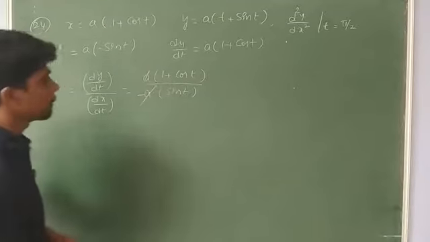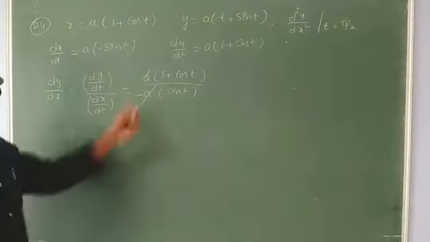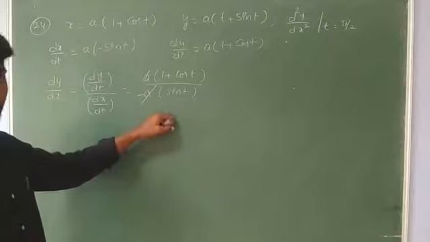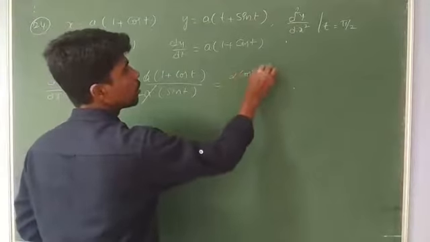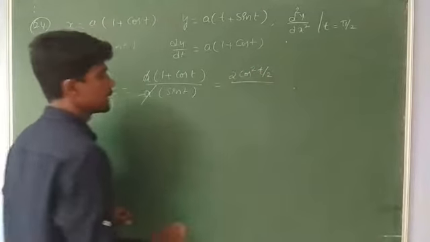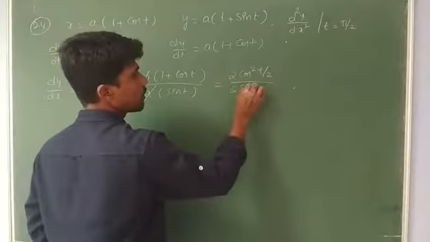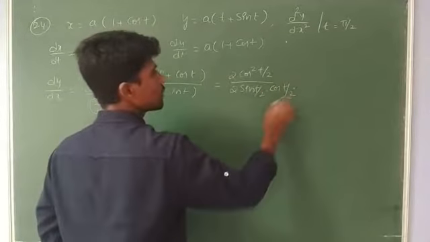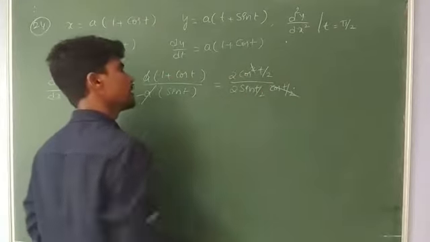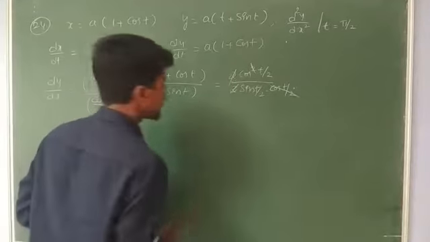a gets cancelled. So there is a possibility of simplifying this with the help of submultiple angles. 1 plus cos t can be written as 2 cos square t by 2. Sin t can be written as 2 sin t by 2 into cos t by 2. Cos t by 2 and square will get cancelled, 2 and 2 get cancelled.